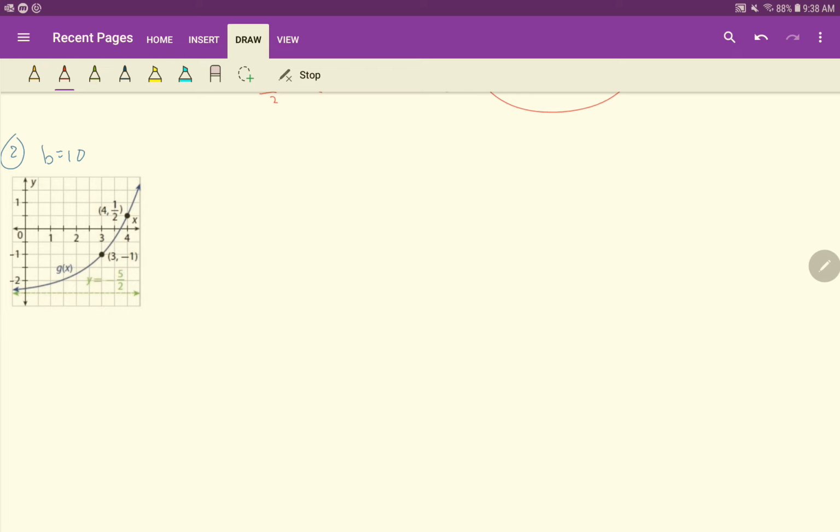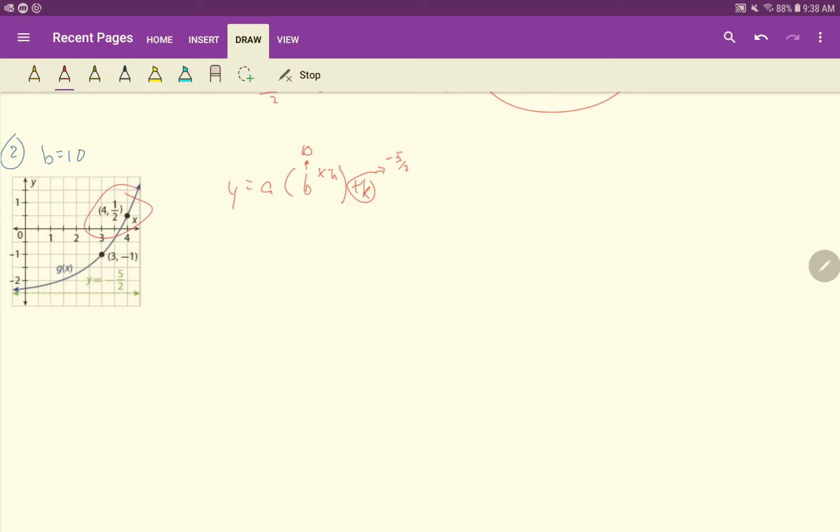All right, so here, again, y equals a times b to the x minus h plus k. Our b, we're told, is 10. The horizontal asymptote is at negative 5/2. That means our shift here is going to be down 5/2. And then we're going to use this point as our reference point because it's the leftmost point.